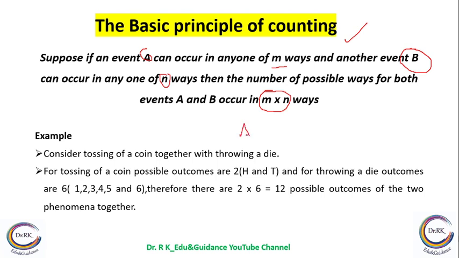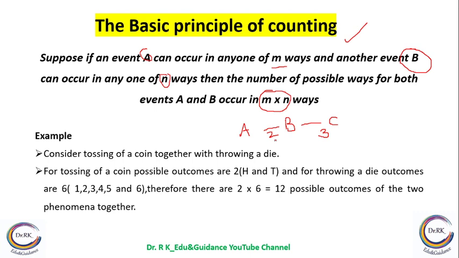Simple example: suppose we can travel from A to B in two ways, and from B to C there are three ways that we can travel. How many ways can we travel from A to C? Simply, the basic mathematics says it is 2 into 3, that is 6 ways.